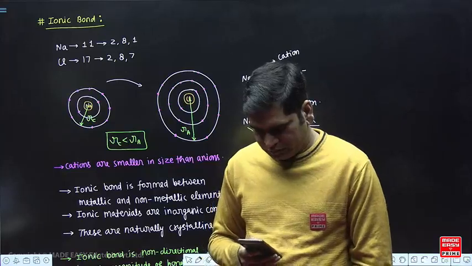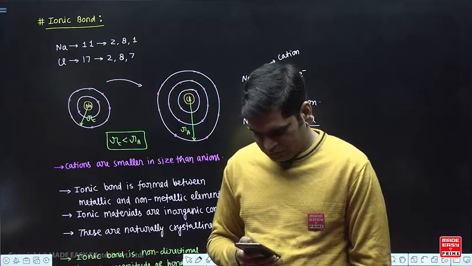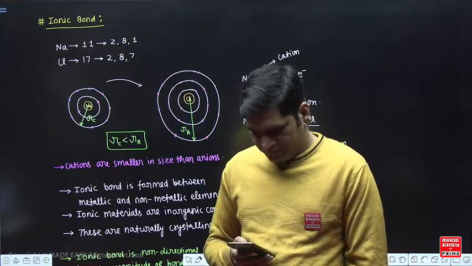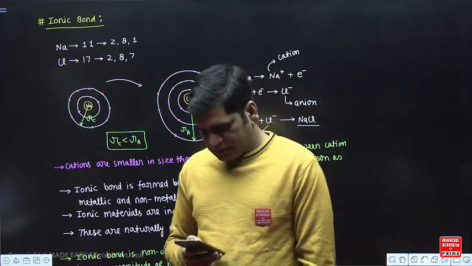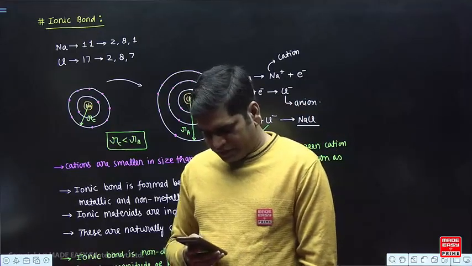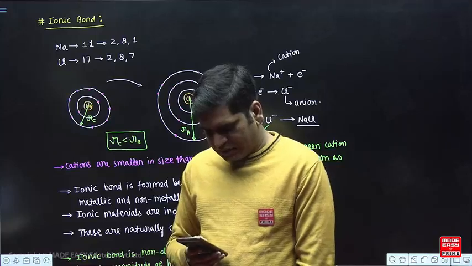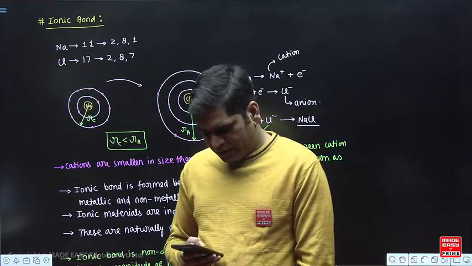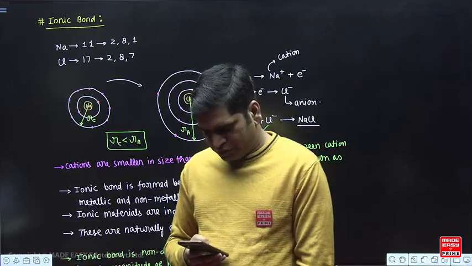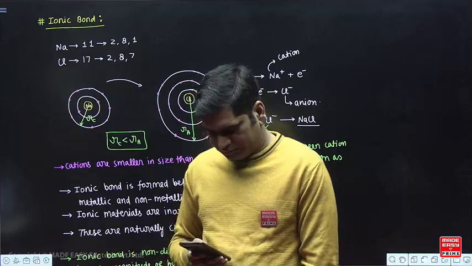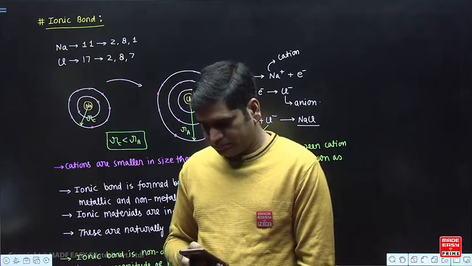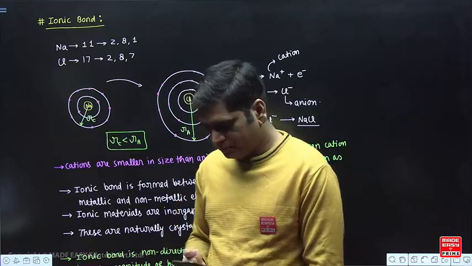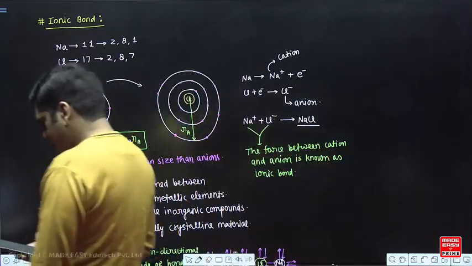Then civil, 12th February, CE1 and CE2, it means it will be conducted in 2 sessions, 9:30 to 12:30 and 2:30 to 5:30, both on the 12th. So exam dates have been announced.